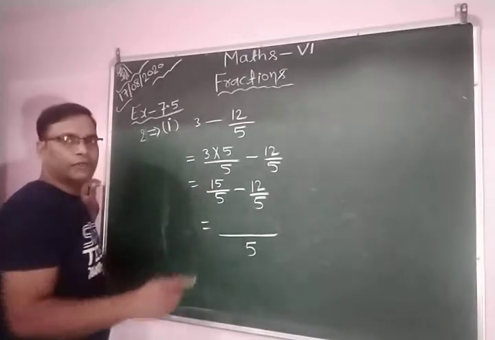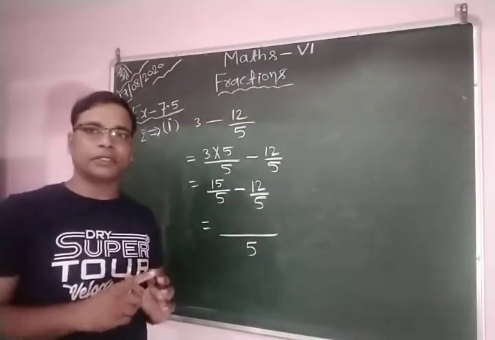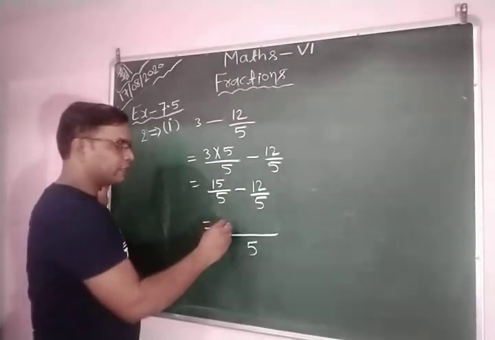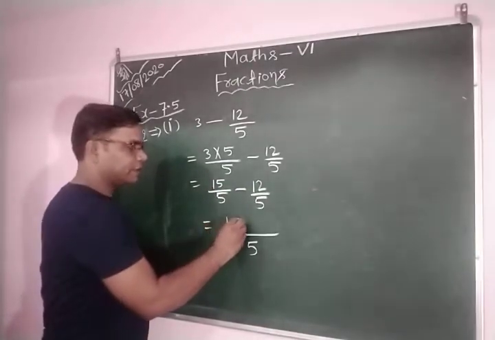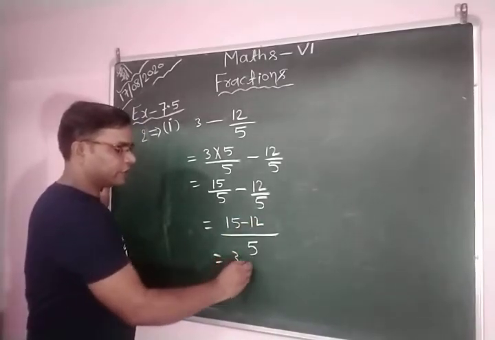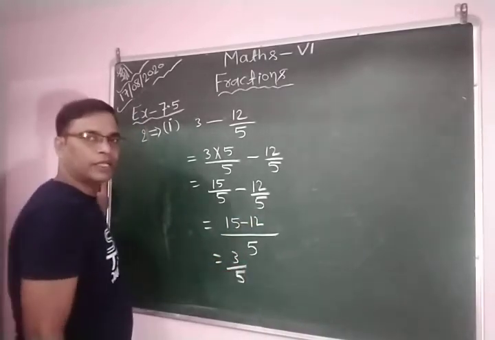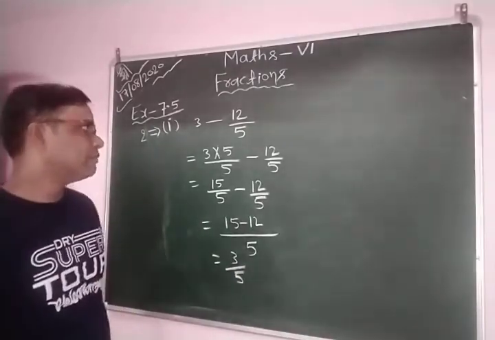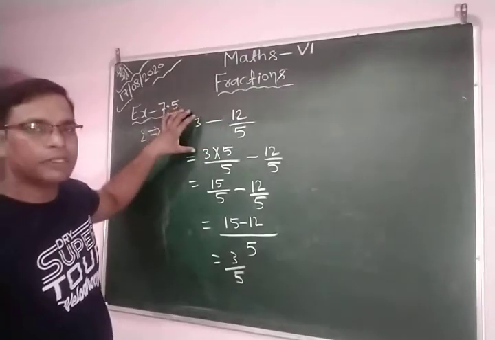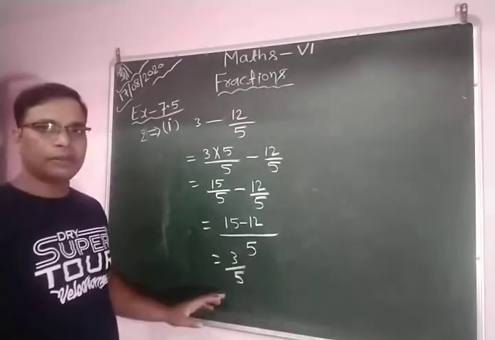After this we subtract the numerators. We subtract 12 from 15, so you write 15 minus 12. 15 minus 12 is equal to 3 by 5. Our required result is 3 by 5. If you subtract 12 by 5 from 3, then you have 3 by 5.